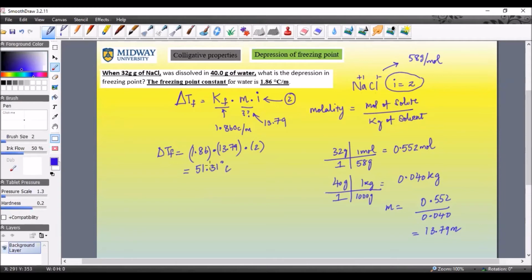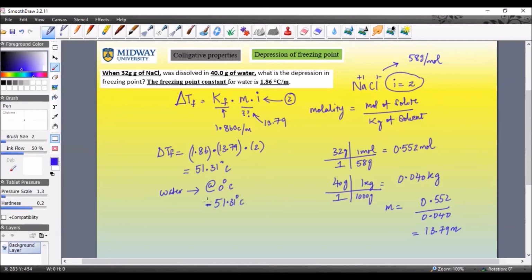Now, what does this mean? We're putting it in water, right? Water freezes at 0 degrees Celsius, okay? Now, depression of freezing point means that this temperature is negative, it is 0 minus 51, which is negative 51.31 degrees Celsius.